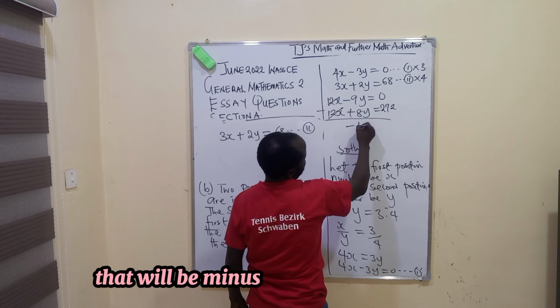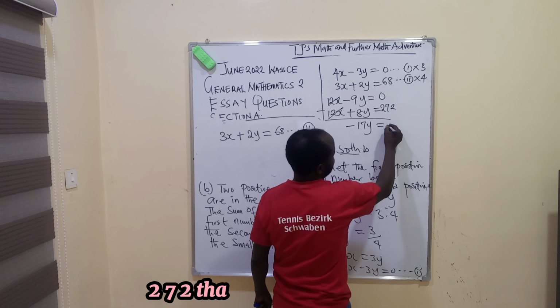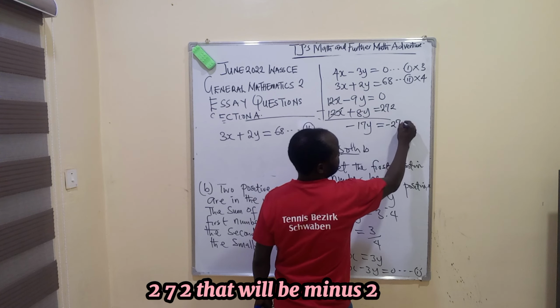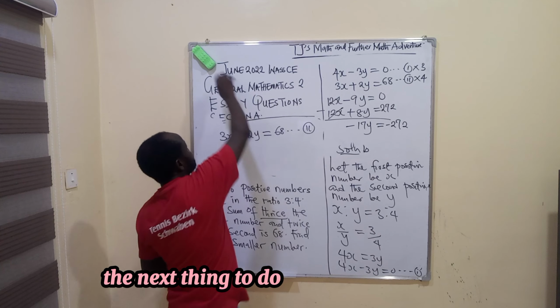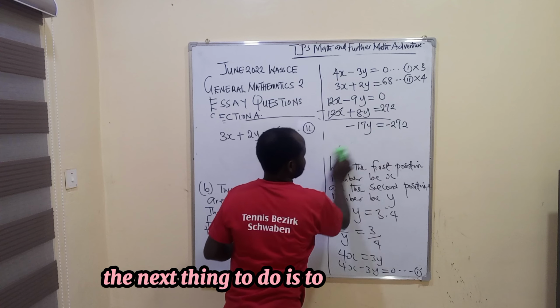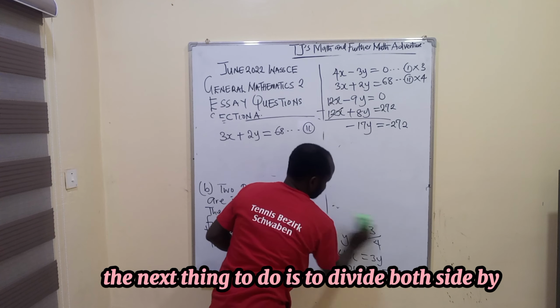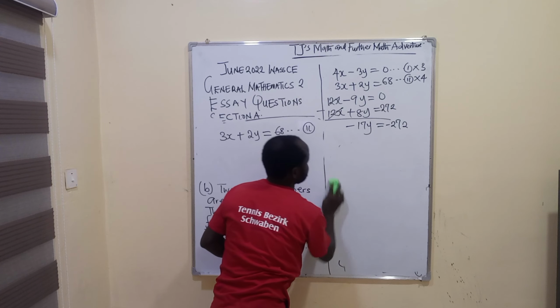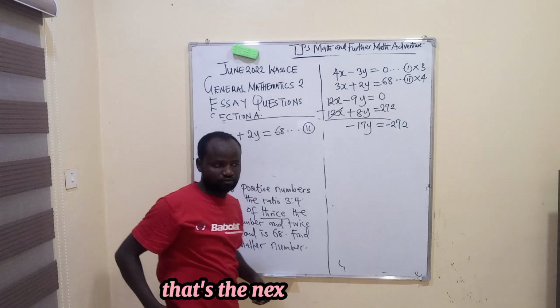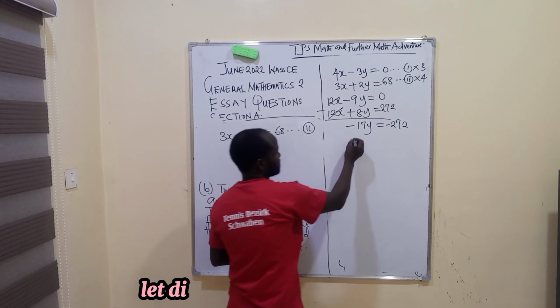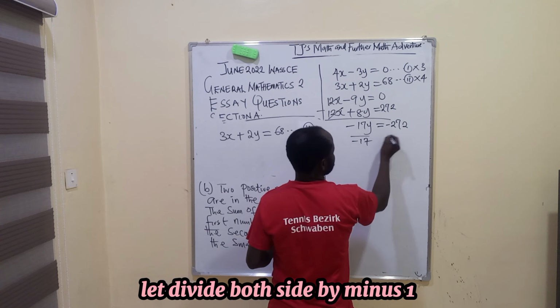This will equal 0 minus 272, that will be minus 272. The next thing to do is to divide both sides by minus 17 so that we can find y.